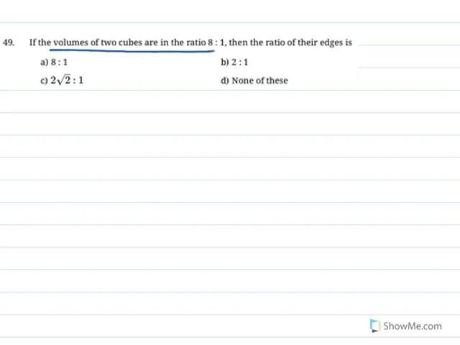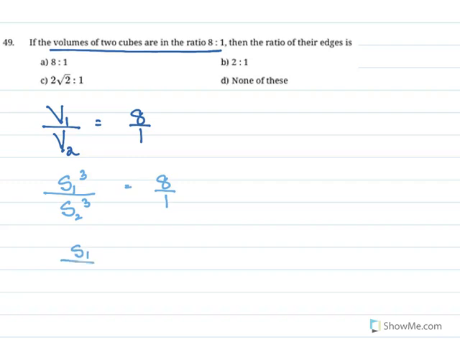The volume of two cubes are in a ratio 8:1. That means cube 1 over cube 2 equal to 8/1. Now we know the volume of the cube is S cube. So S1 cube over S2 cube is 8/1, which means S1 over S2, the whole cube, equal to 2 cube.